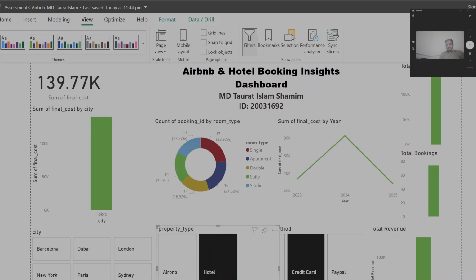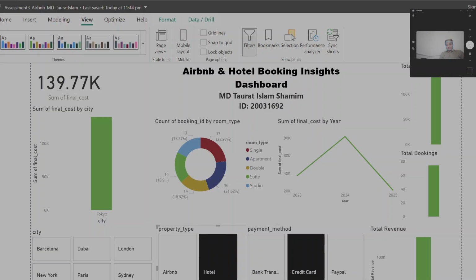In conclusion, the dashboard gives a full picture of hotel and Airbnb bookings. The KPIs provide a quick summary of total revenue and bookings. The bar and donut charts show that New York and Tokyo are high revenue cities, and suites or apartments are the most popular room types.